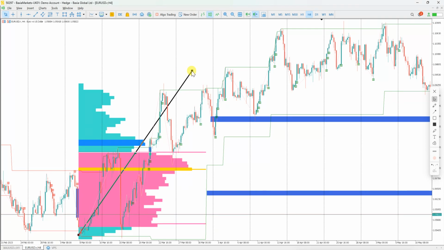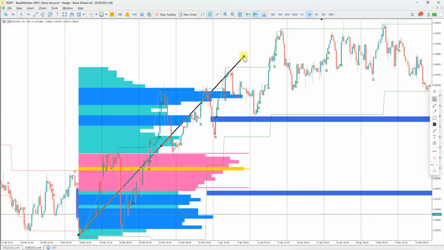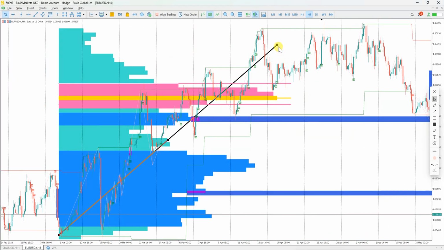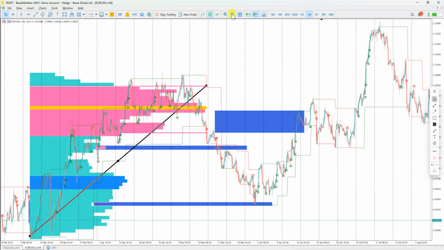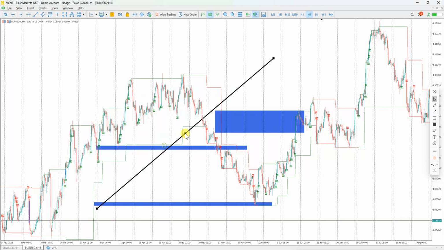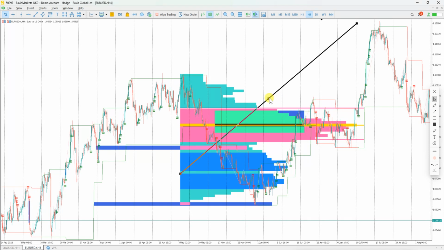If they move higher, it indicates bullish. Okay, here we're bearish.